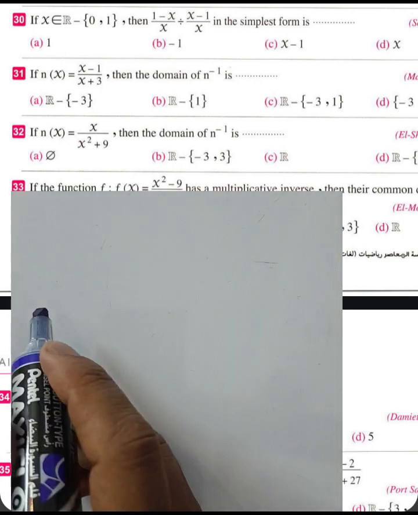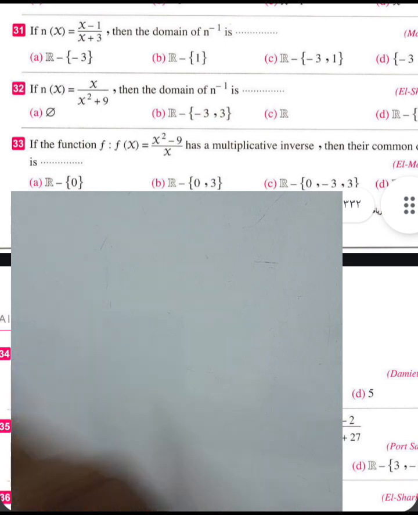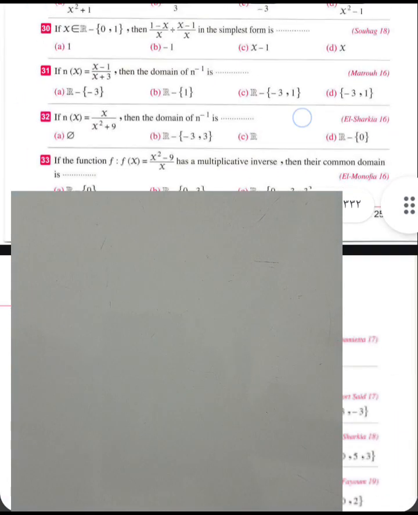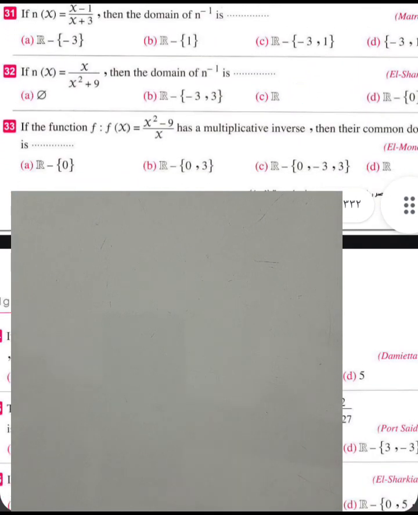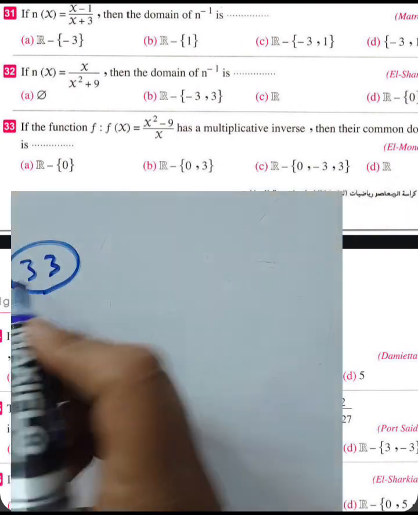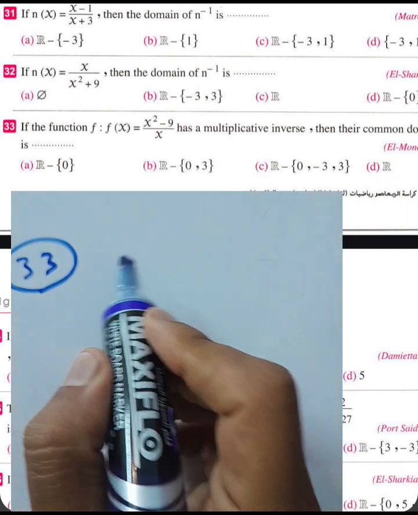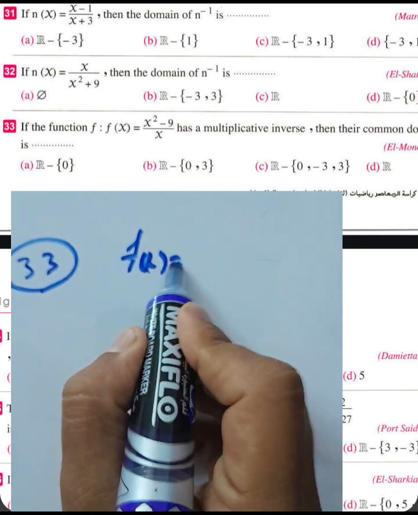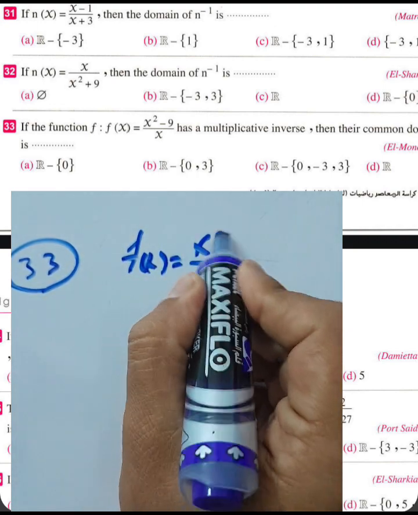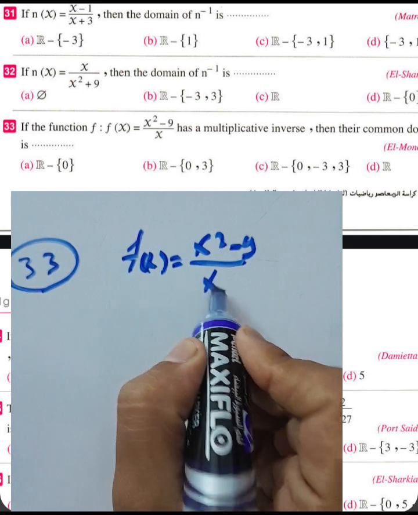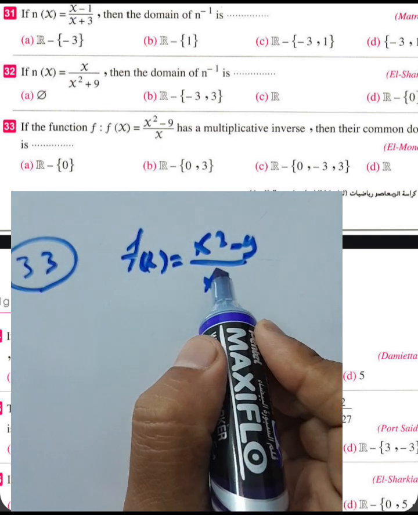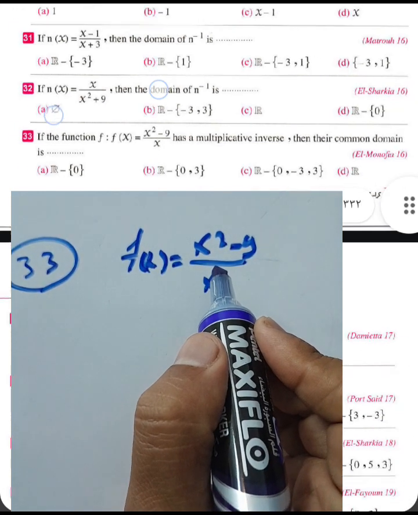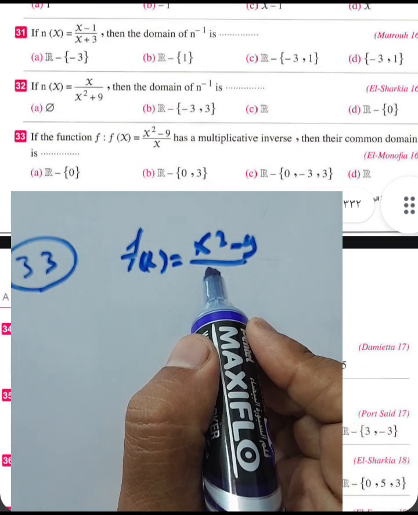Next question, 33. The function f of x equal x power 2 minus 9 over x has a multiplicative inverse, then their common domain is what?